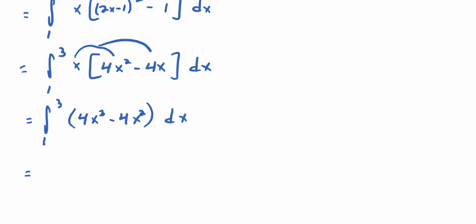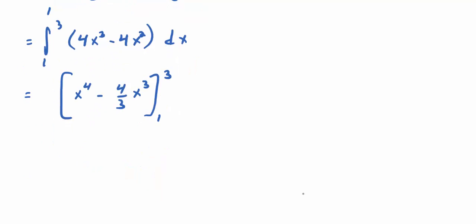And we integrate. x to the 4th divided by 4. The 4's cancel. We just get x to the 4th here. Here, it's not so nice. We get minus 4/3 x cubed. So x to the 4th minus 4/3 x cubed, evaluated from 1 to 3.